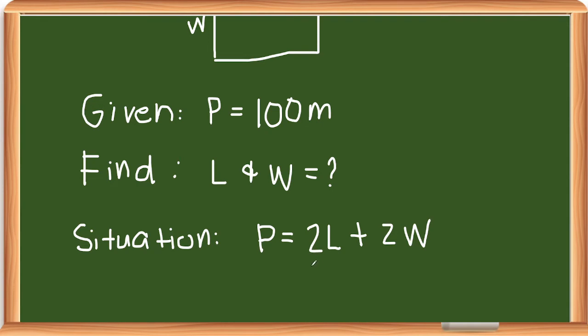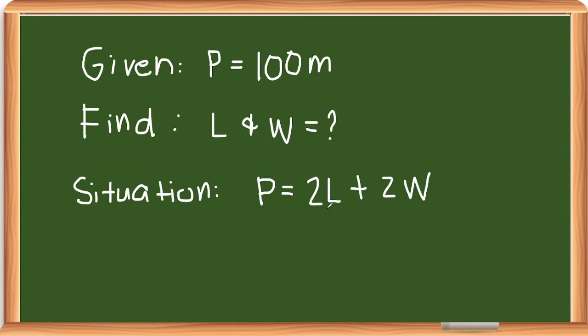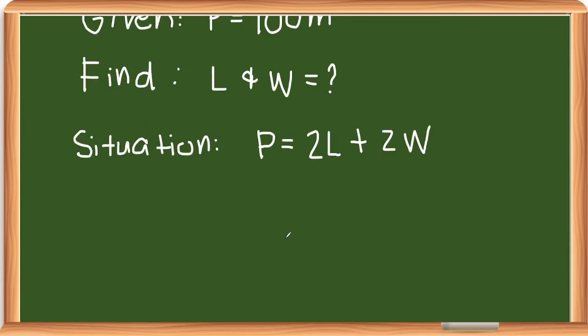Kaya giniven yan para malaman natin yung magiging equation ng length tsaka W sa problem na to. So, ang perimeter is 100. No? So, 2L plus 2W is equal to 100. Kasi yun yung perimeter niya eh.